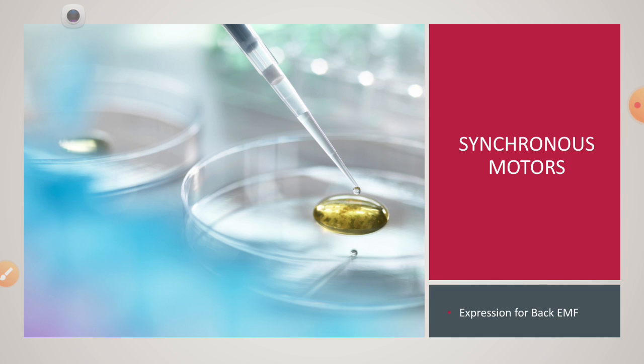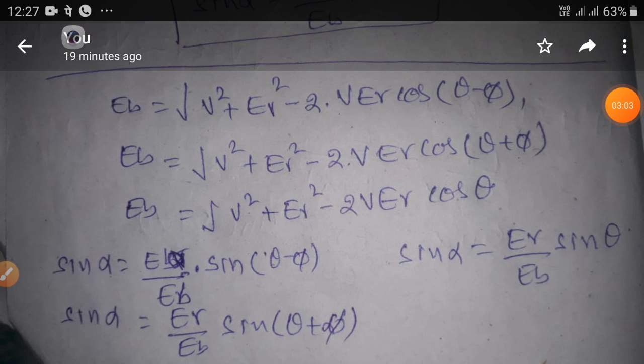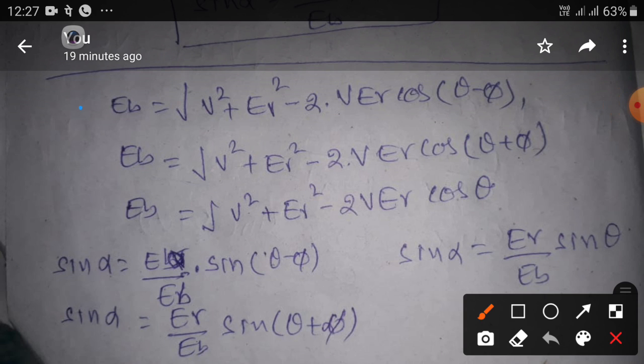So, let us see that with the help of a figure. Last class we did all this. This is the first case, where the motor runs under excitation, that is underexcited.